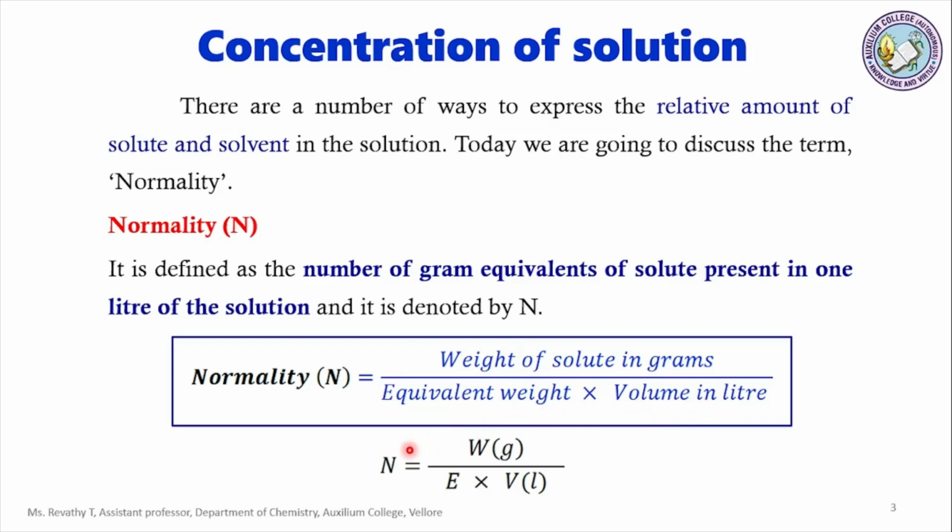So, we can simply say N is equal to W by EV. Remember, here weight is in gram and volume is in liter. In case if volume is given in ml, then we should convert it into W by E into V divided by 1000, or simply N is equal to W into 1000 by EV.